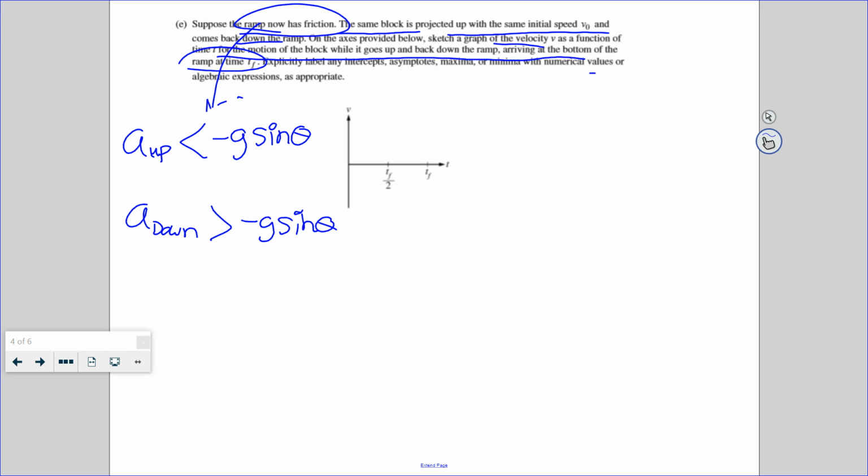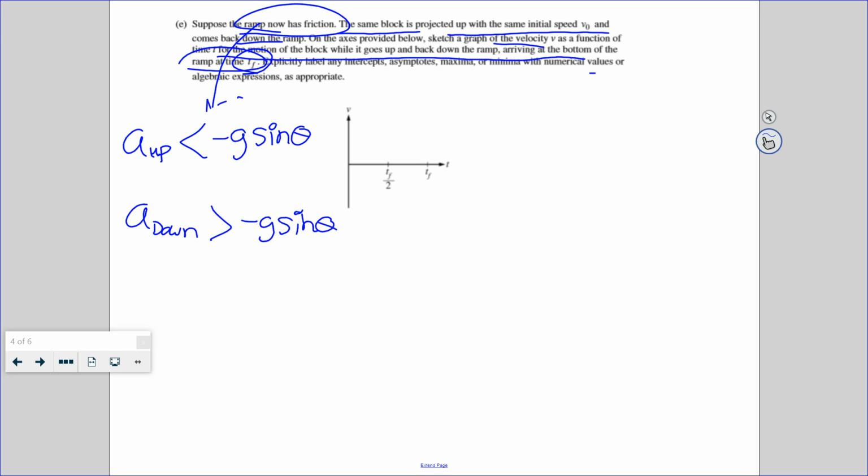Oh my goodness, this is going to stump me. It arrives at the bottom at time tf. The acceleration is changing because friction is resisting it the whole time, but friction is helping gravity while the block slides up the ramp, and friction is opposing gravity while the block slides down.